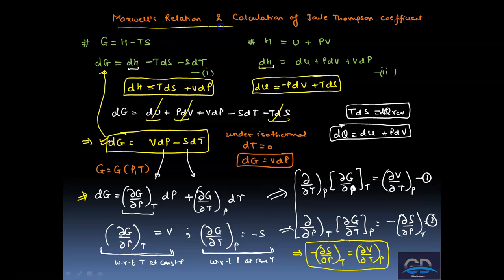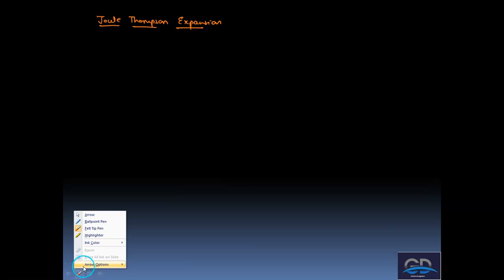Next, our effort would be the calculation of a Joule Thomson coefficient. Now, first of all, we will have to understand what is Joule Thomson expansion. So when we say Joule Thomson coefficient, we are talking about the Joule Thomson expansion. Joule Thomson expansion is basically an isenthalpic process.